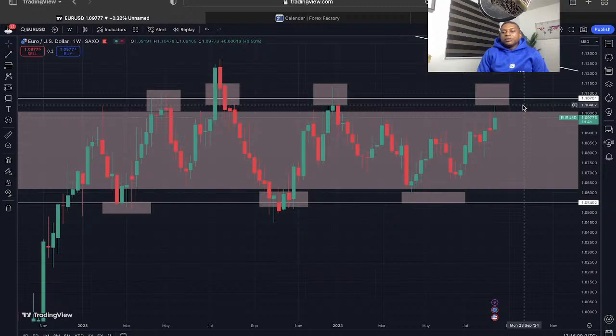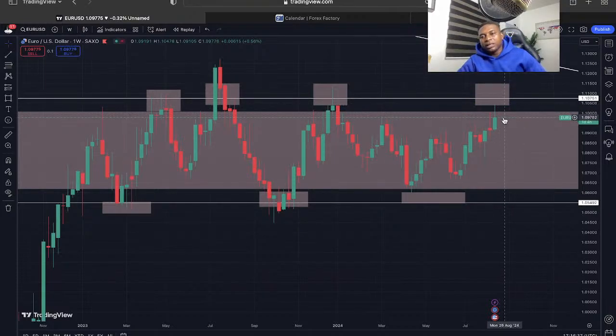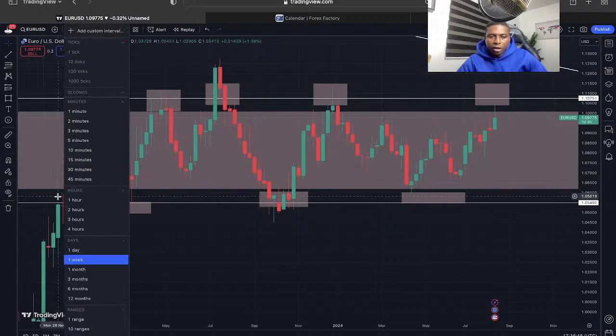So the jobless claim reducing and the retail sales data increasing shows that there is an improvement in the economy, where more people now have jobs and spend and consume. So when the data came out today, it created this pullback that we are seeing here. This pullback was influenced by the news. So let's go down to the daily time frame.